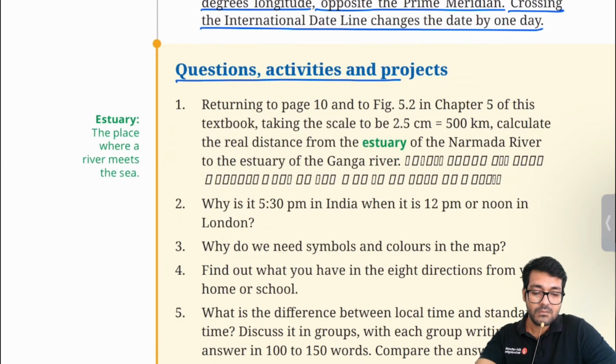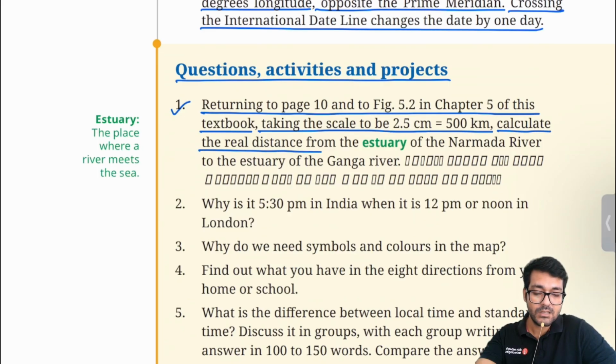Questions, activities and projects. 1. Returning to page 10 and to figure 5.2 in chapter 5 of this textbook, taking the scale to be 2.5 cm is equal to 500 km, calculate the real distance from the estuary of the Narmada river to the estuary of the Ganga river. Estuary: the place where a river meets the sea.